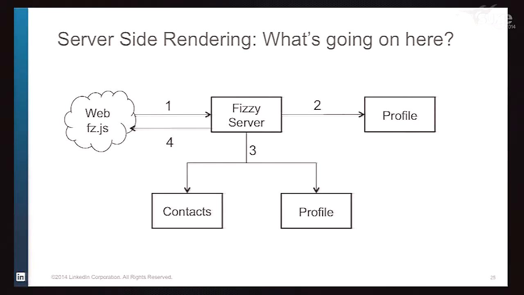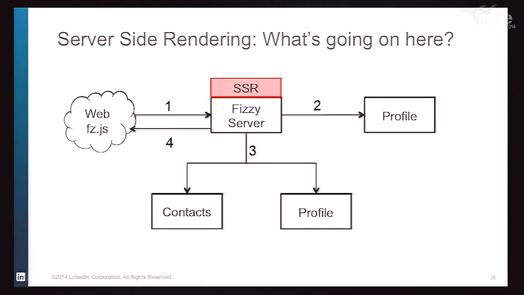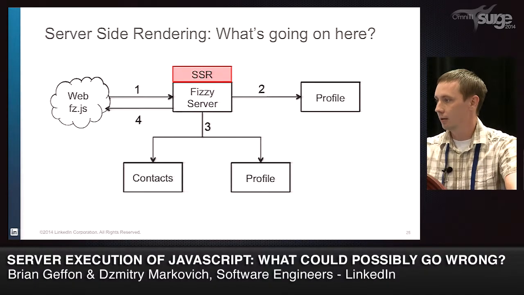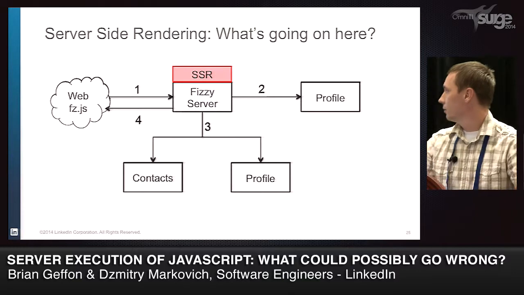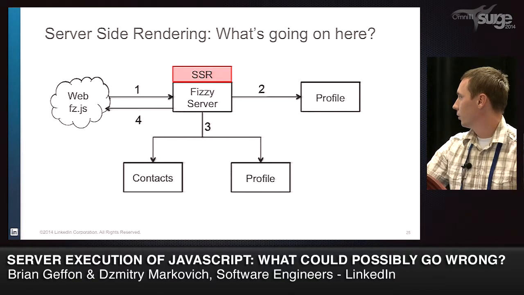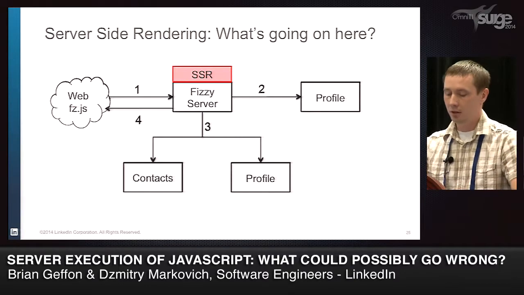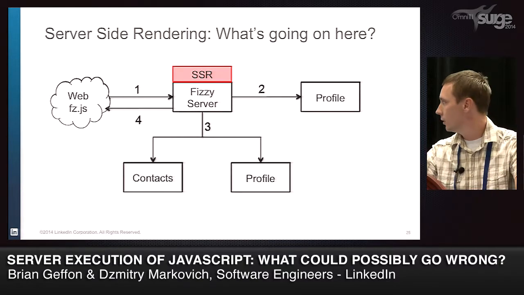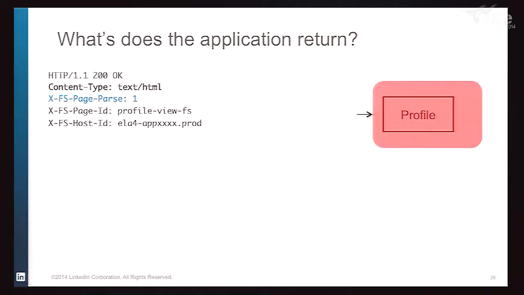So server-side rendering, what is going on here? As Brian mentioned, we're using Fizzy as a data aggregator mechanism. So we introduced a server-side rendering component on the same tier. And we adjusted a little bit the language, how the application talks to our proxy tier. So now, what does the application return?